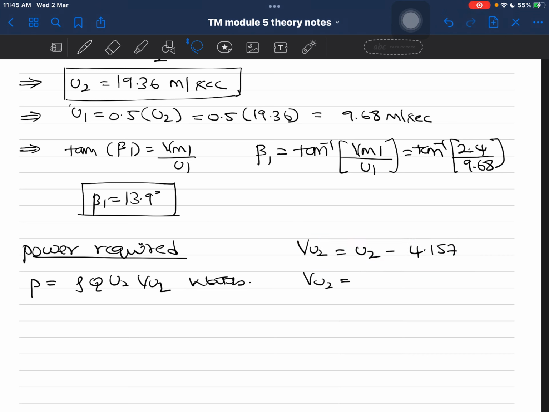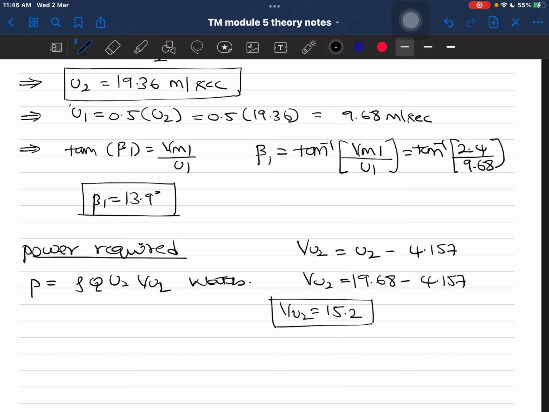Vu2 is U2 minus 4.157. So U2 is 19.36 minus 4.157, and this is 15.2, the value of Vu2. So now substitute all the values to get the value of power.